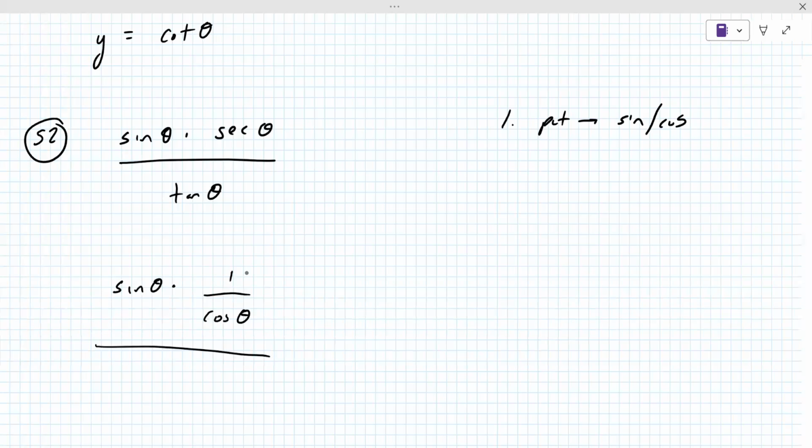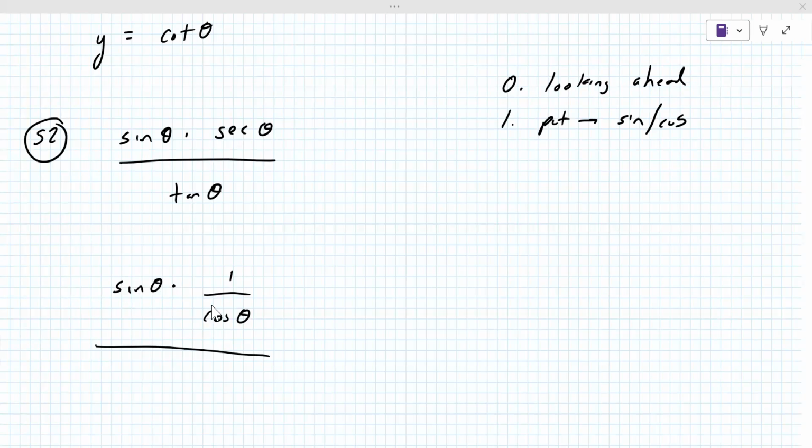Now you have to be careful here, because this strategy doesn't always work. It's not like you always do this and you're set. It's not really a strategy, but more like looking ahead. You have to look at it and say, what does sine over cosine become? That's the tangent and cotangent identities.